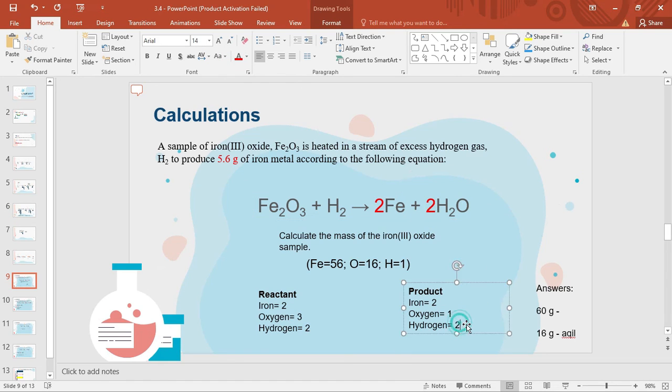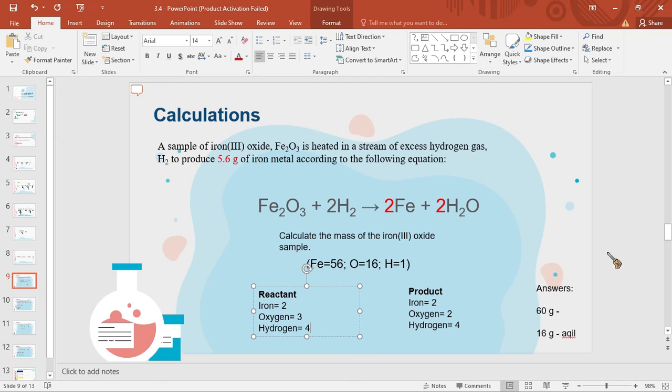Now we got 4 hydrogen and 2 oxygen. Never mind, we try first, like I said, trial and error. Now here oxygen 3, hydrogen 2. Put 2 at H2. Now hydrogen becomes 4.